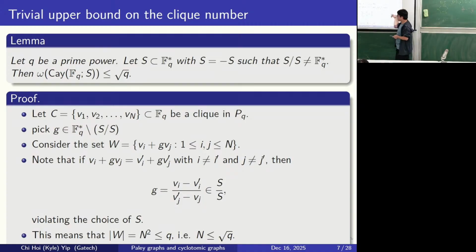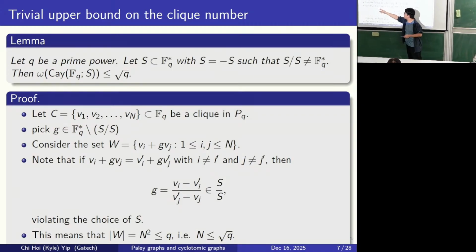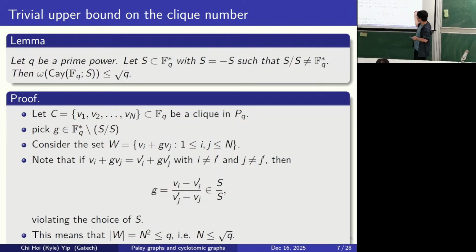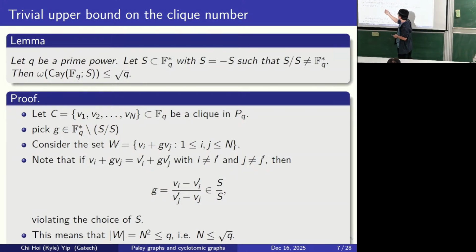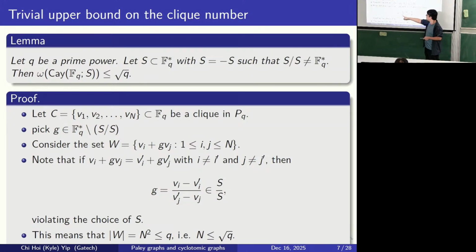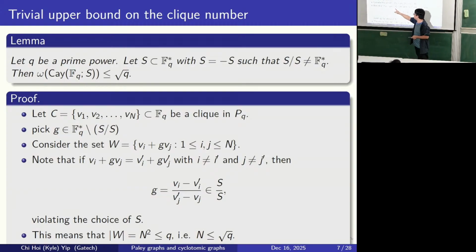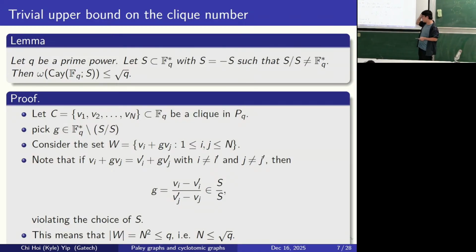So suppose this can actually be equal, where ij and i prime j prime are not equal. Then after doing some rearrangement, you can see that we can write G as a ratio. So if you just move Vi prime here and G Vj here, you can see that G is equal to Vi minus Vi prime over Vj prime minus Vj.